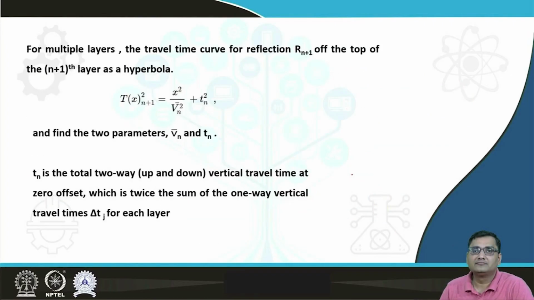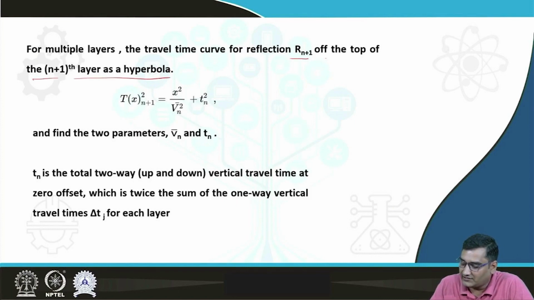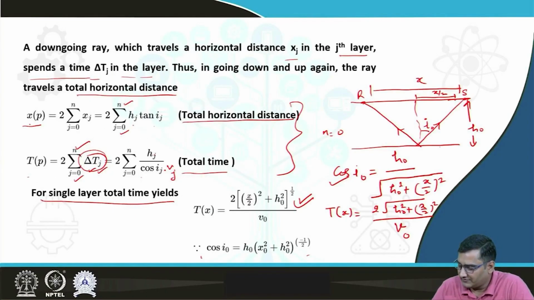Now if you want to see, for multiple layers, the travel time curve for reflection from the top of the n plus 1th layer as a hyperbola, you extend the similar thing for n number of layers.